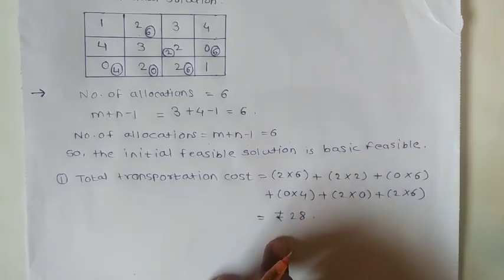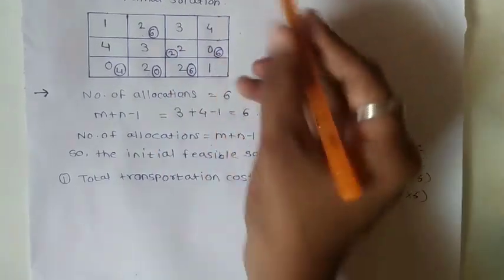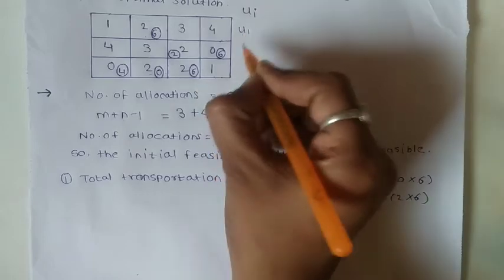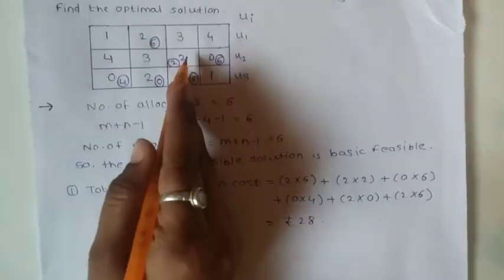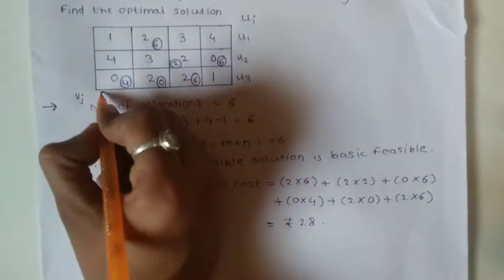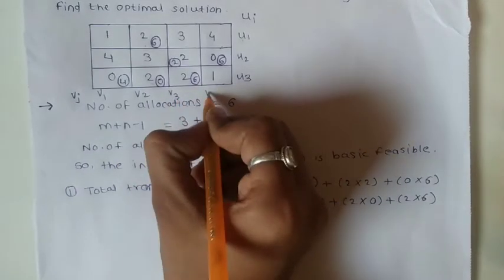Now we have to find out Ui and Vj. For each row we consider Ui, that is U1, U2, U3, and for each column we consider Vj: V1, V2, V3, V4.